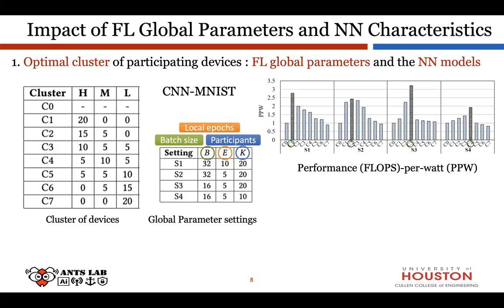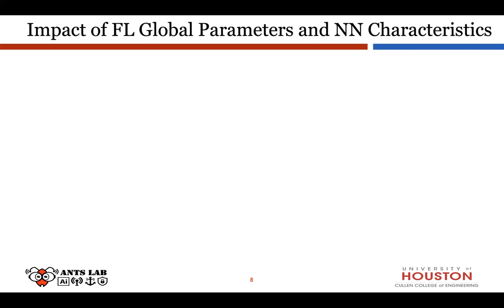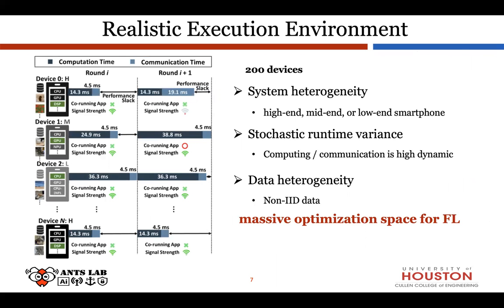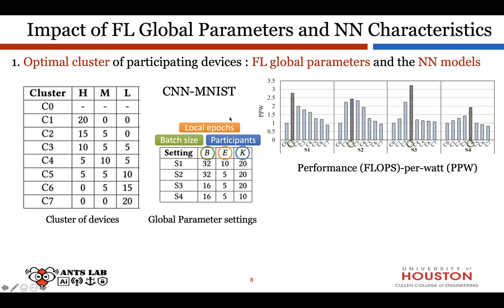Yeah, they do three types of experiments as a motivation, right? Here is the environment, and they test three experiments in simulation: the impact of FL global parameters, the device characteristics, and also the non-IID data, right?